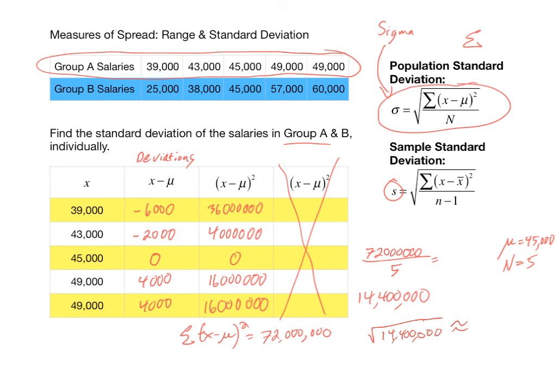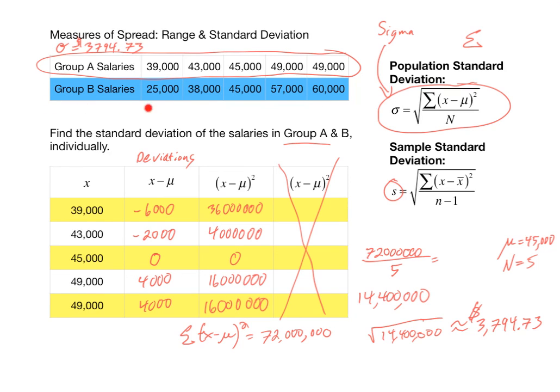And this is approximately equal to $3,794.73. So the population standard deviation of the salaries in Group A is approximately $3,794.73.